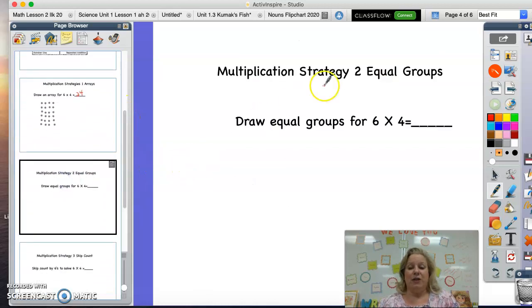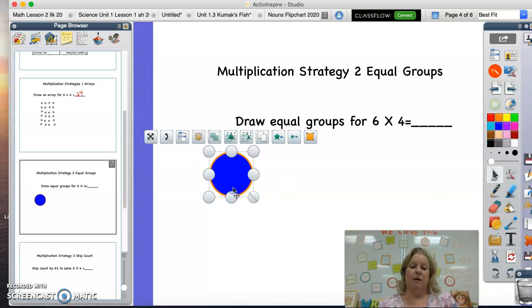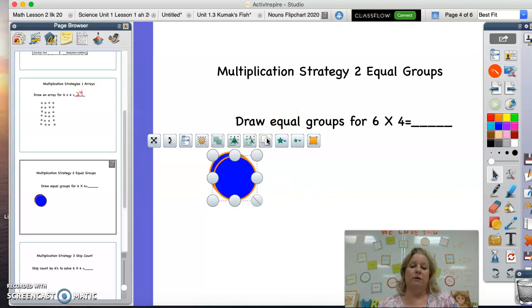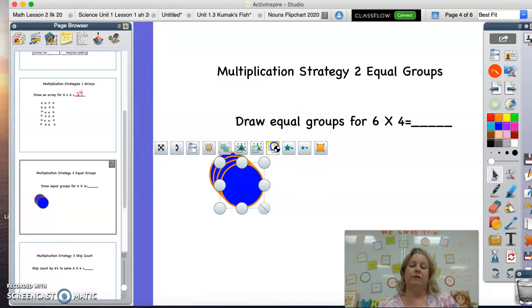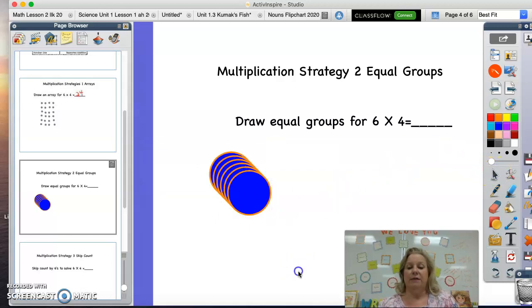The second strategy is draw equal groups. So here we can have 6 circles. And I'm just going to make a copy of 5 more, 1, 2, 3, 4, 5, because I want 6 all together.